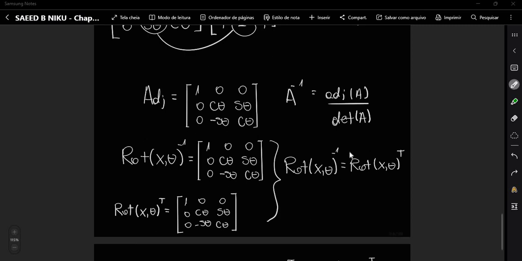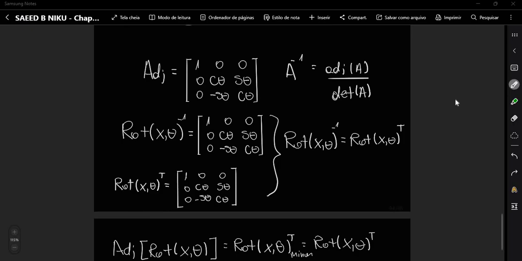To calculate the inverse of a 3 by 3 rotation matrix, we need to assemble the adjoint matrix and divide it by its determinant. So this is what we did.